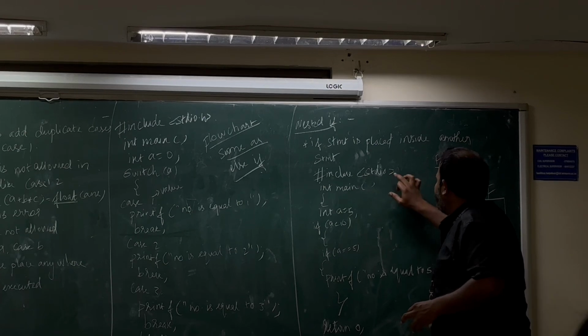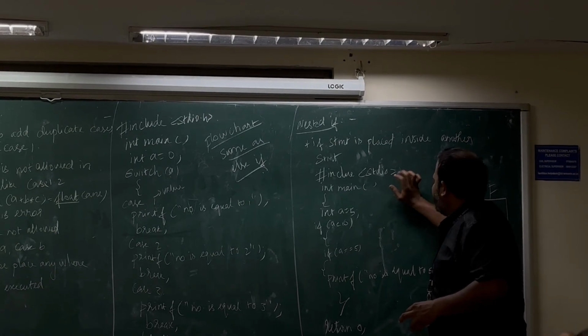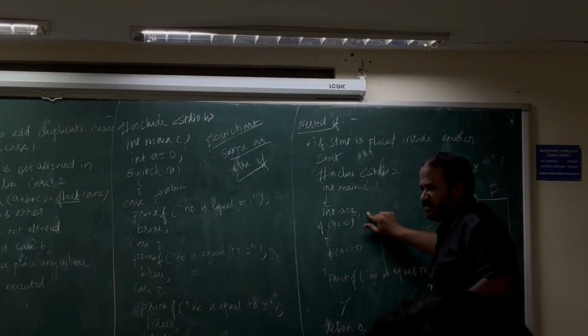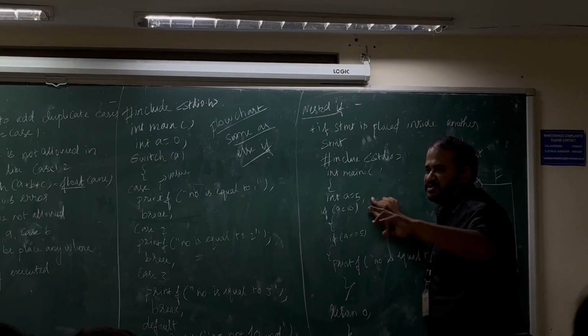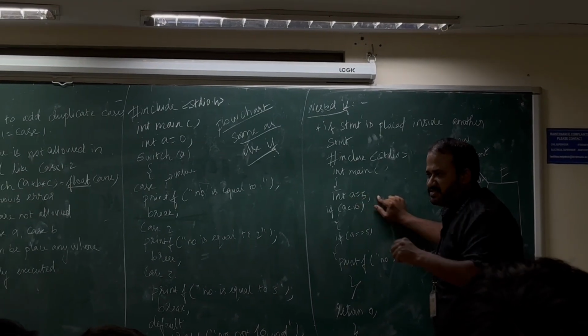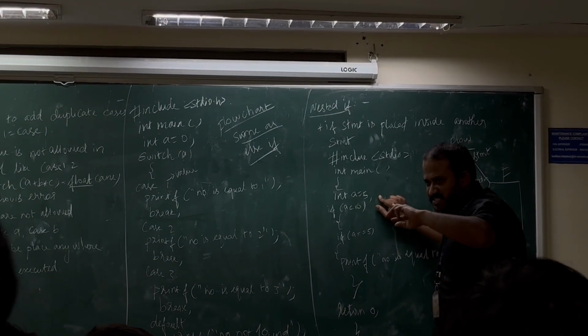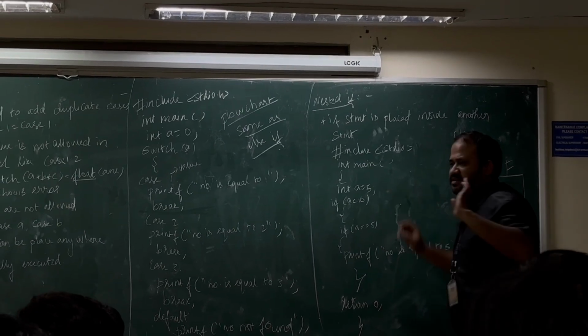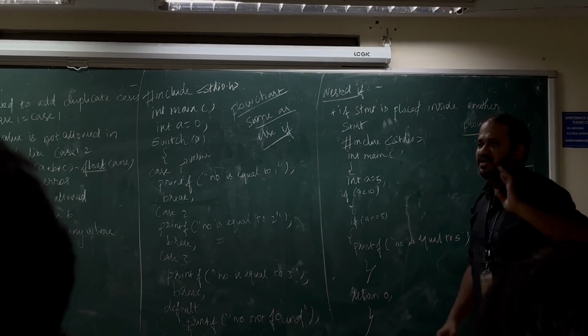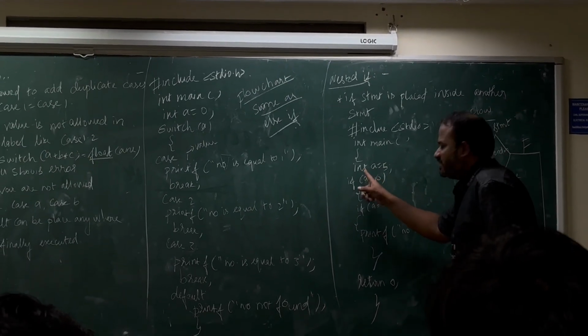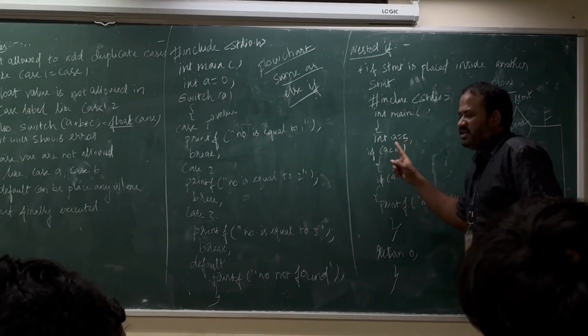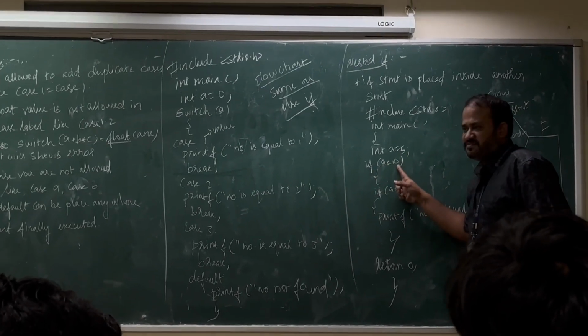#include <stdio.h>, int main, int a = 5. I am going to check two conditions. If both conditions are true, then print my number. First, int a = 5, if a is less than 10.